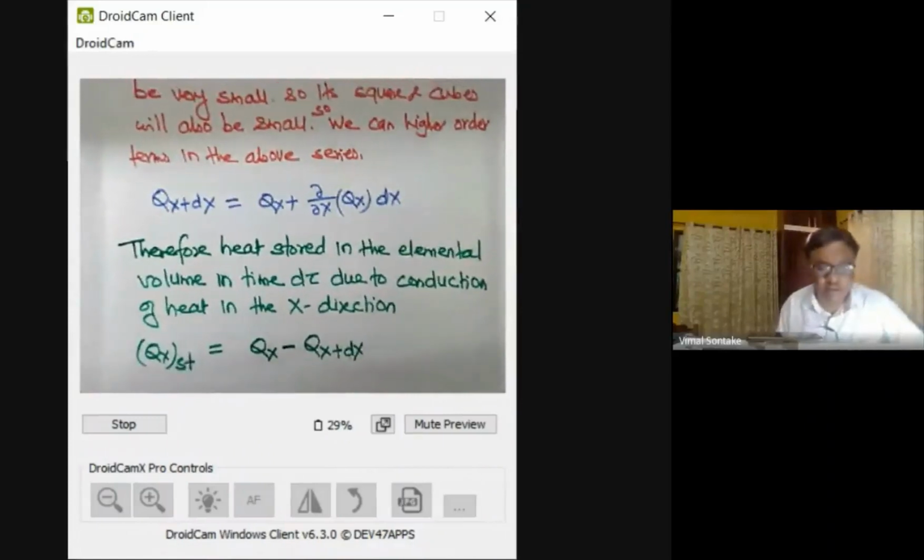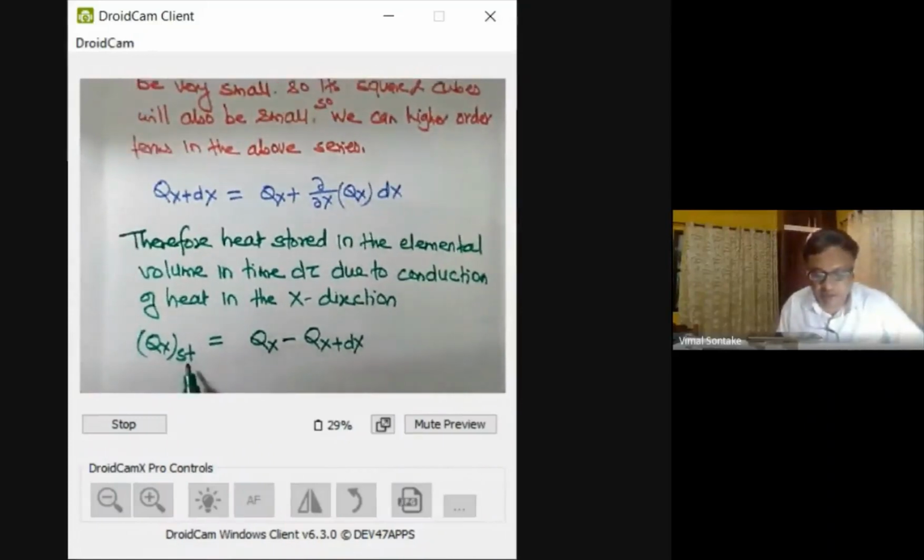And since this much heat is stored in the elementary control volume due to heat conduction in the x direction, it will be called q suffix x suffix stored.